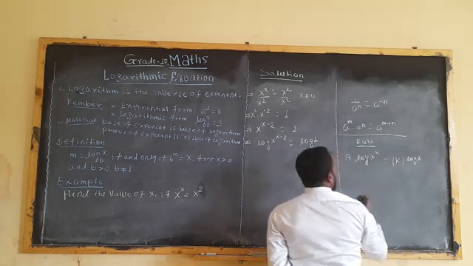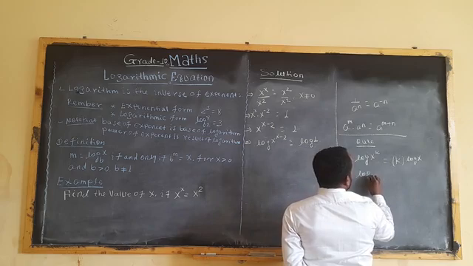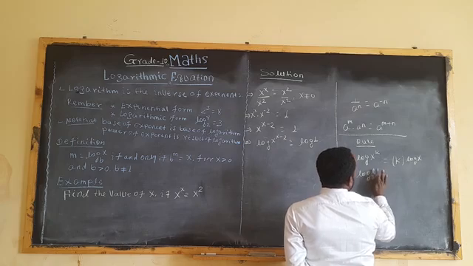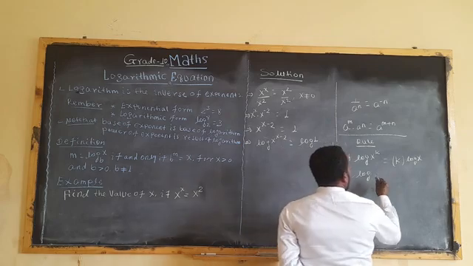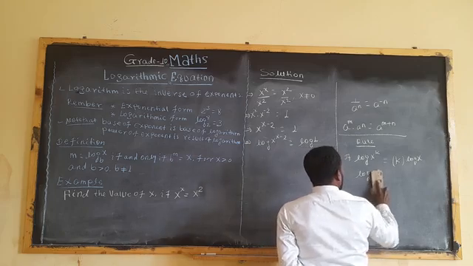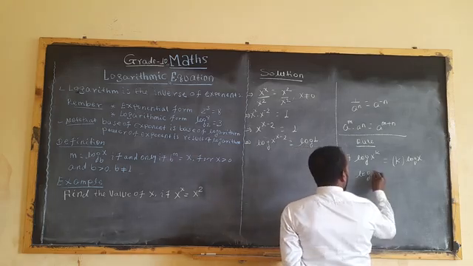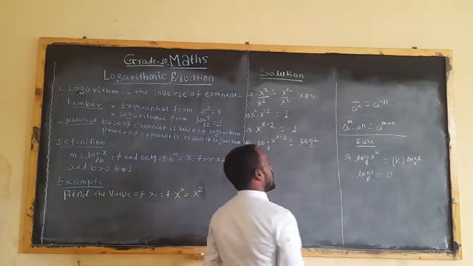That is one rule, and logarithm of a constant, especially logarithm of 1, let's correct it, logarithm of 1 is always equal to 0.